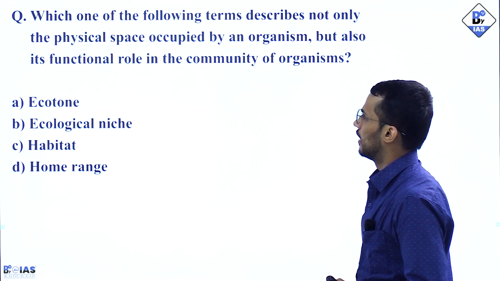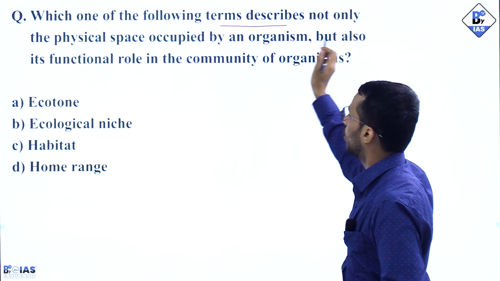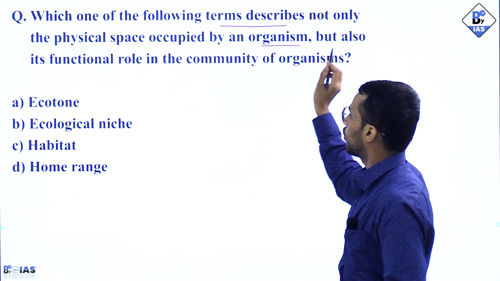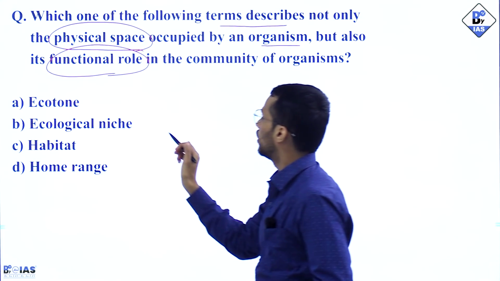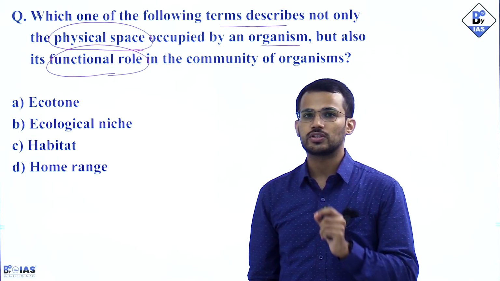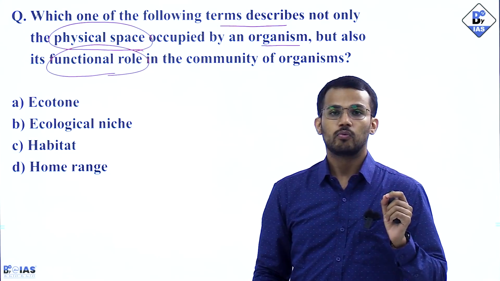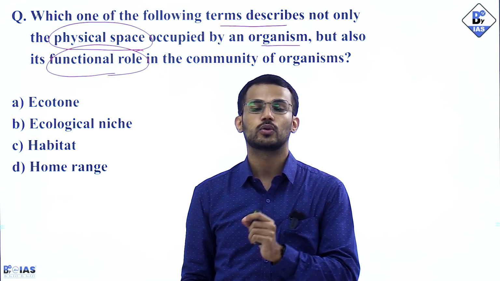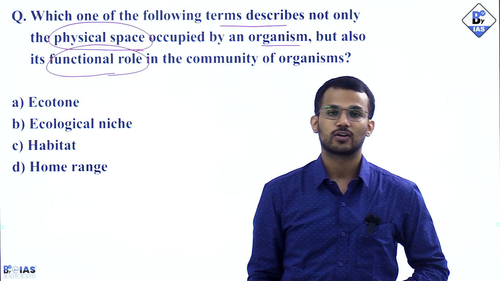Right? Next question is, which one of the following terms describes not only the physical space occupied by an organism, but also the functional role in the community of organisms? So this question is about a term that is used in ecology for the description of the physical space where a particular organism is found, as well as the functional role of that organism.